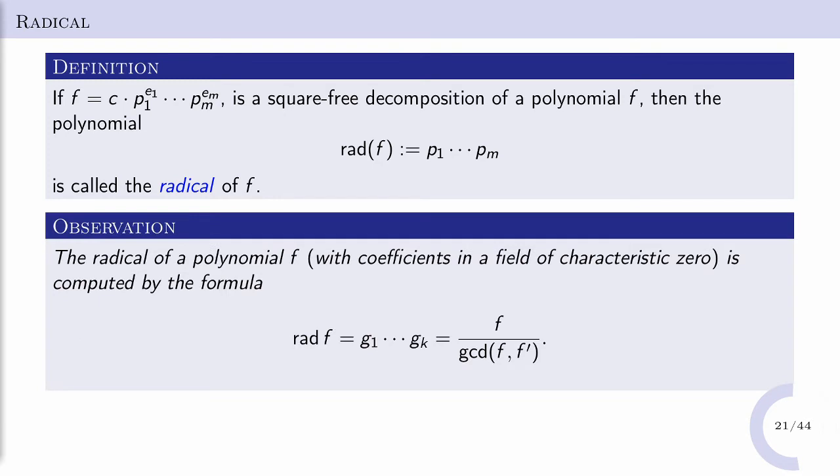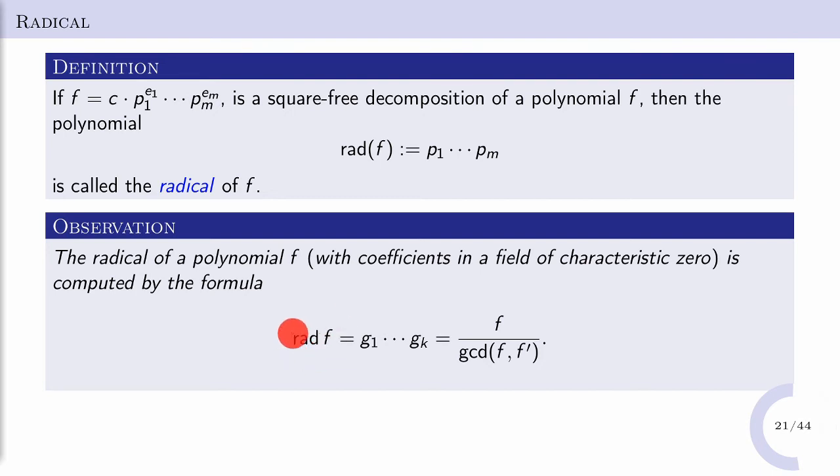From the way we derive the Tobey-Horowitz algorithm, we can immediately see that all these gi are the products of the pi to the first powers. So the product of all the gi here is the same as this product. So this is the radical. Radical of f is g1 to gk. But g1 to gk was the first of these elements in the auxiliary sequence bi.